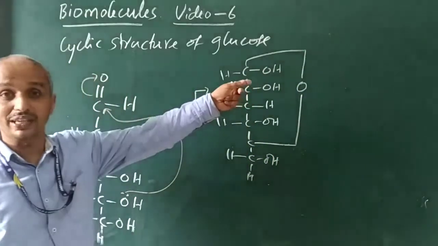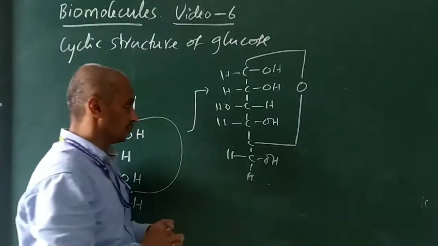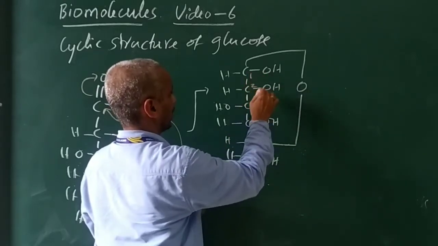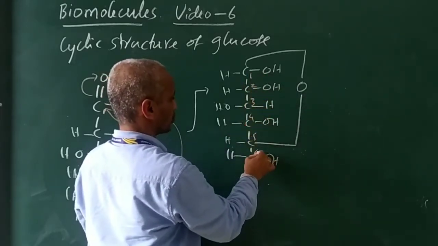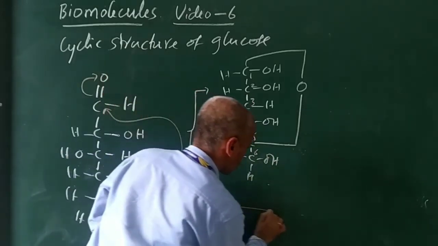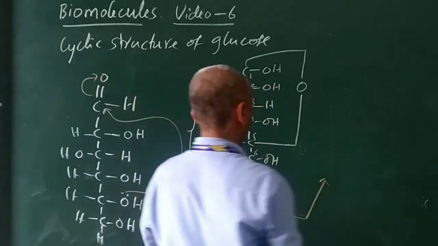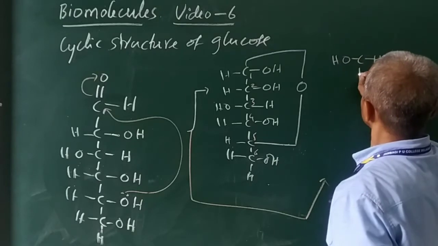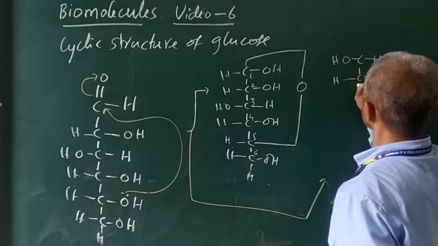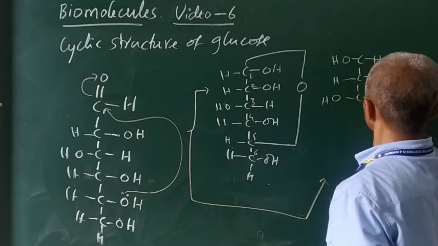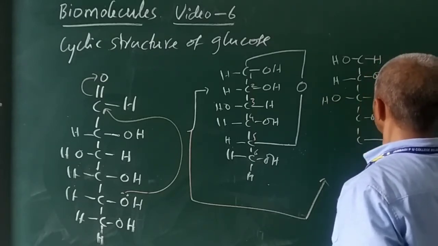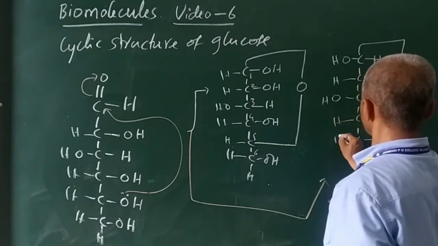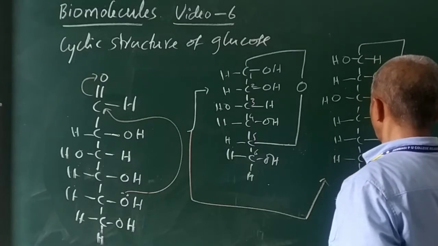This is called a hemiacetal ring. And if I number this, this is the first carbon, second, third, fourth, fifth, sixth. As well as one more compound will be given out, again with a hemiacetal, and CH2OH.